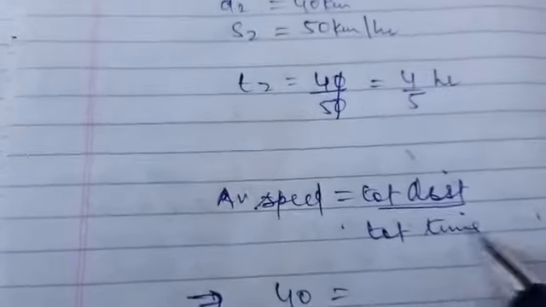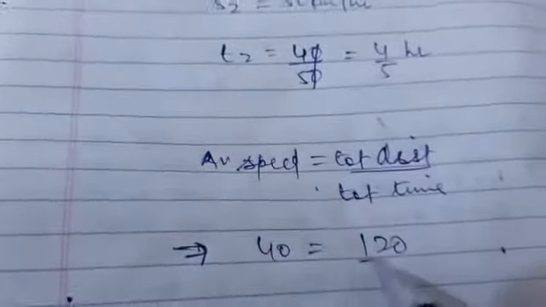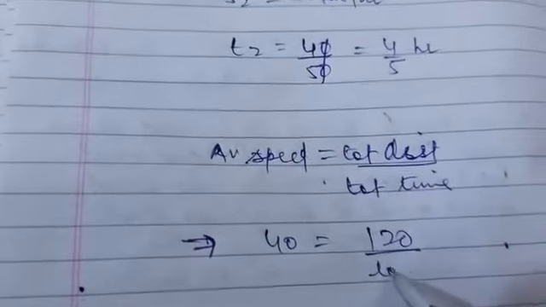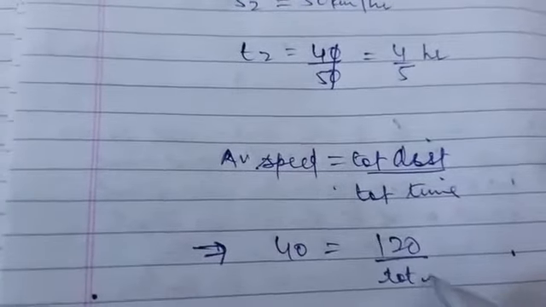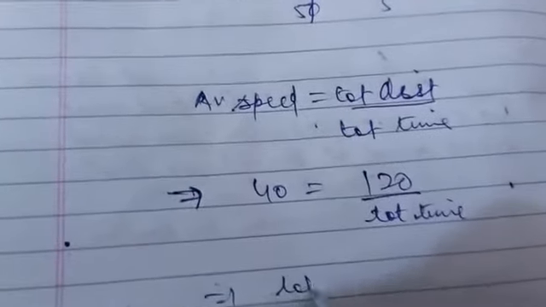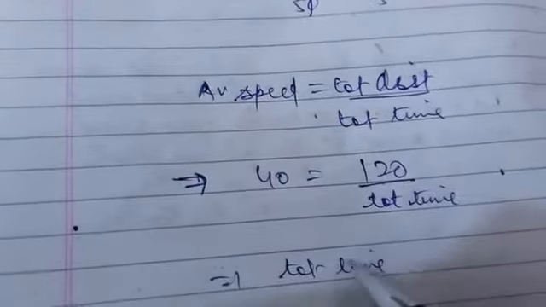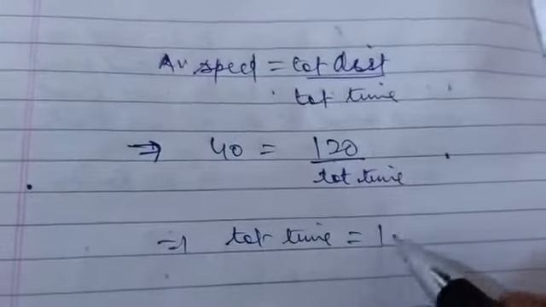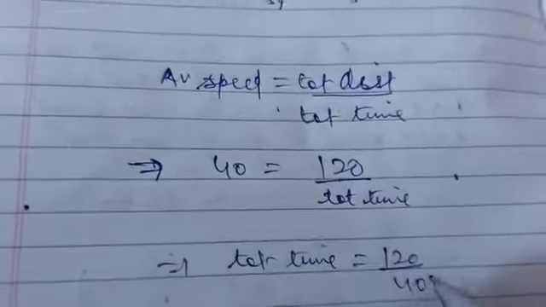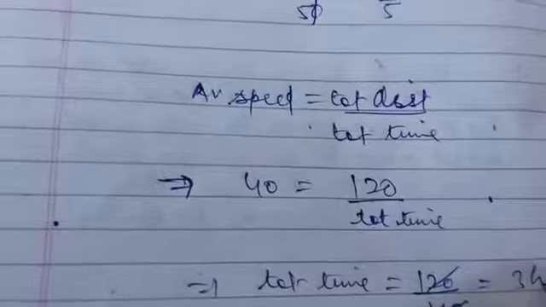The average speed has been given as 40 km per hour, the total distance is 120 kilometers, and the total time we don't know. So total time equals 120 upon 40, so it becomes 3 hours.